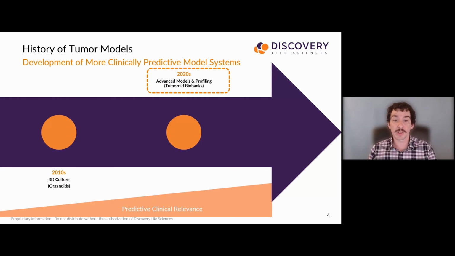We've also seen evolution in vitro preclinical testing in the field in general, when in 2022, the FDA Modernization Act 2.0 was signed, which removed the mandatory animal testing requirement for new drug development, allowing alternative testing methods, including in vitro assays performed with tumoroids, to be considered for regulatory approval.